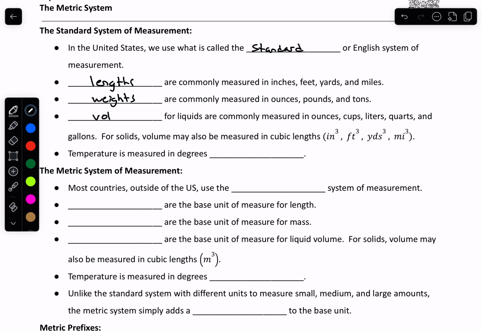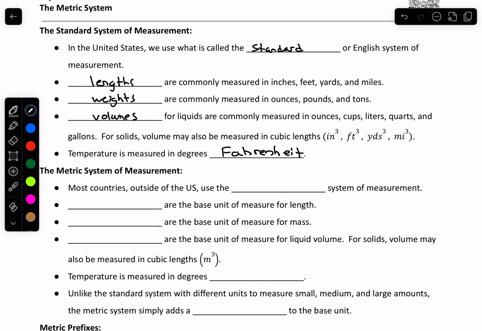And volumes for liquids are commonly measured in ounces, cups, liters, quarts, and gallons. For solids, volumes may also be measured in cubic lengths such as cubic inches, cubic feet, cubic yards, cubic miles, and so on and so on. And then our temperatures are measured in Fahrenheit, which is not an easy word to spell. So if you were like me and had to look up how to spell Fahrenheit, please don't feel bad. It's a little bit of a tough word.